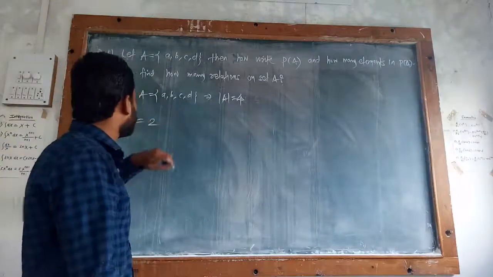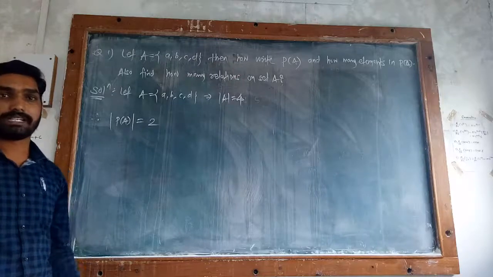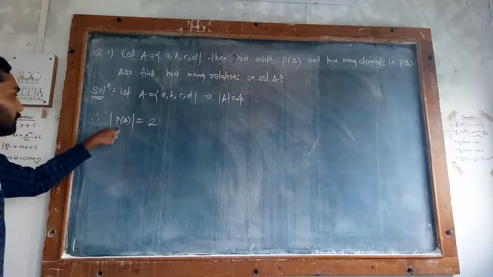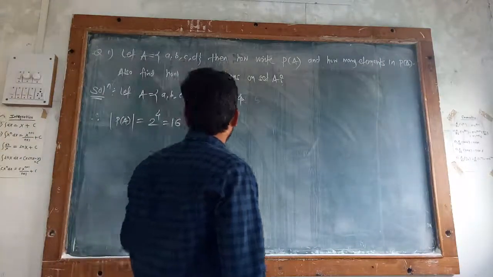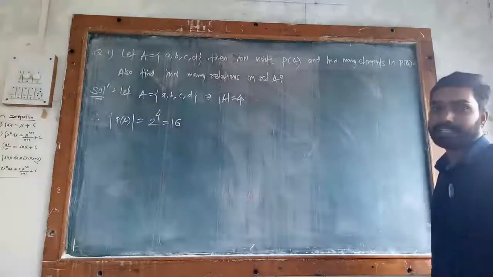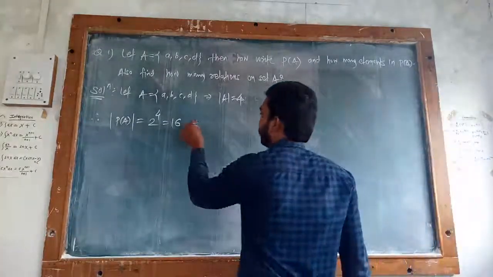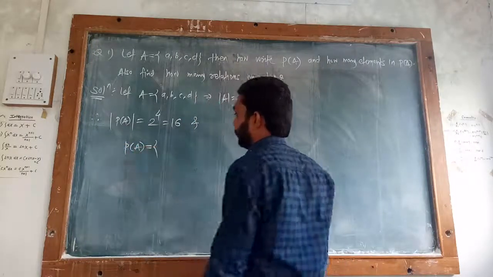In the previous lecture we have seen that if the cardinality of set A is n, then the cardinality of its power set becomes 2 raised to n. Here n is 4, so the cardinality of the power set of A becomes 2 raised to 4, that is 16. So there are 16 elements in the power set of A.